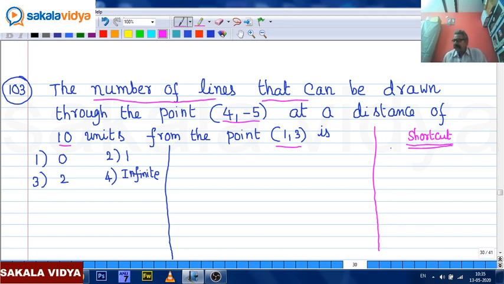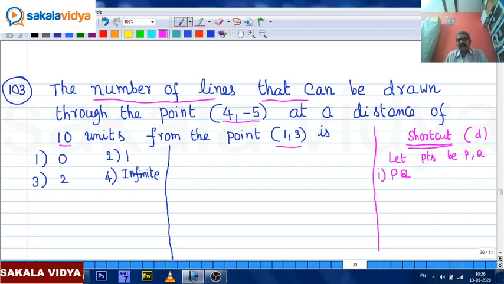For example, let points be P Q. Find distance, PQ distance. Say given distance is d, this will be d.